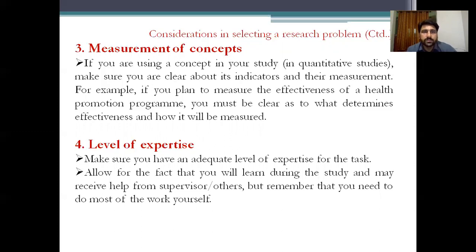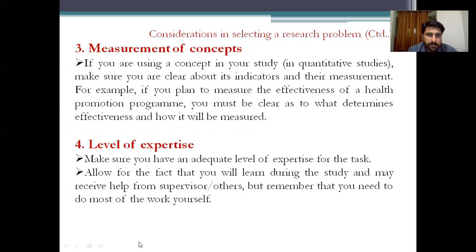These days it is easy to determine effectiveness or importance, to measure associations on very minute levels using different software, different measurement tools. So it has become easier these days to measure some concepts based upon the variables and their effectiveness.